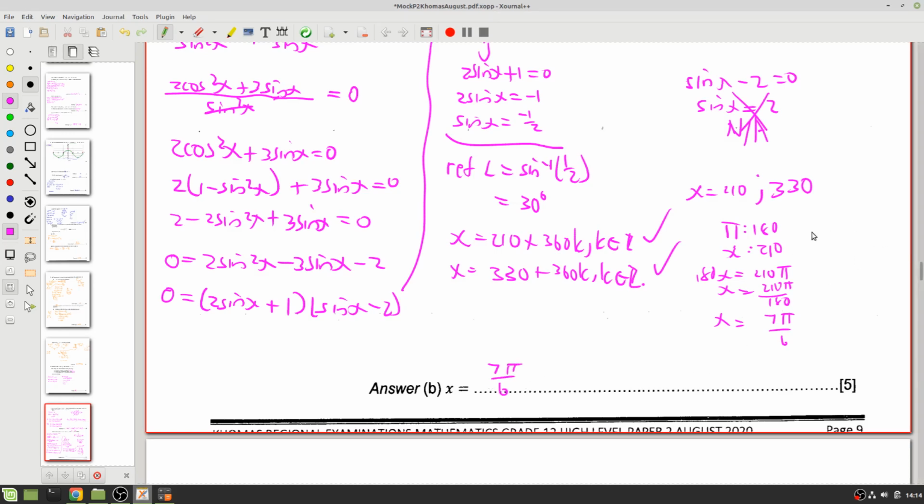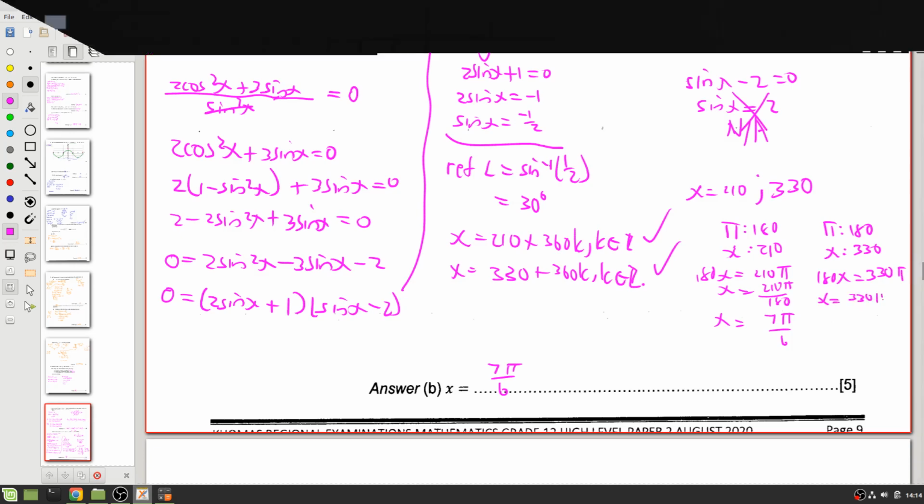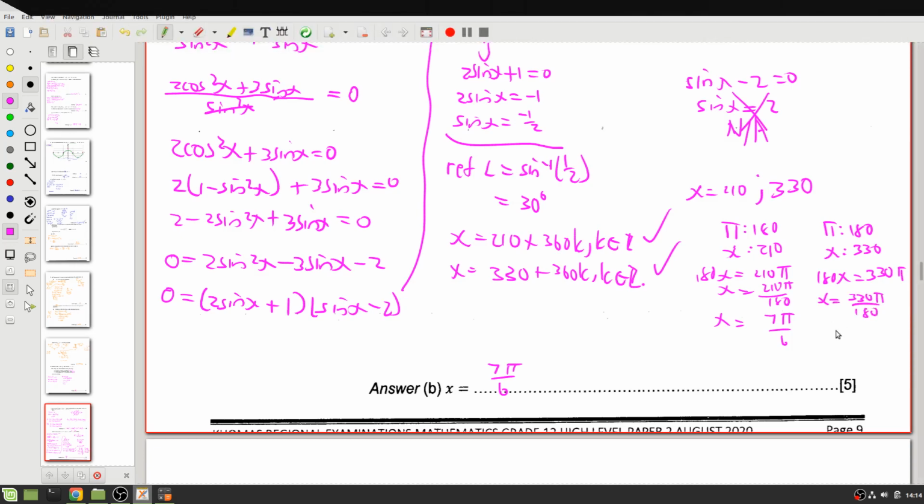Then we can do the same thing for the 330. So we know pi is the same as 180. We don't know the radians, but we know the degrees is 330. And again, we can cross multiply. So 180x is equal to 330 pi, and divide by 180. So we get 330 pi over 180.